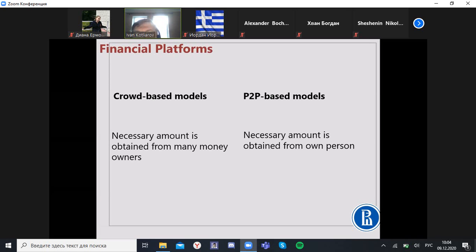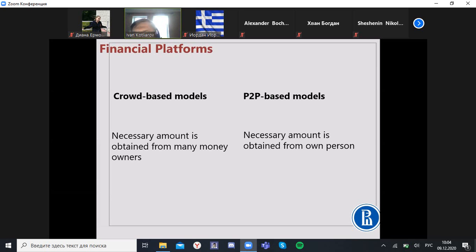What should we differentiate in case of financial platforms? In case of crowd-based models, the necessary amount of money is obtained from many money owners, from many backers. There are no examples when a crowdfunding project is fully financed by one person. In case of P2P based models, the necessary amount is obtained from one person. There is obviously a mistake on the slide. So in this case, we have direct interactions between two persons.